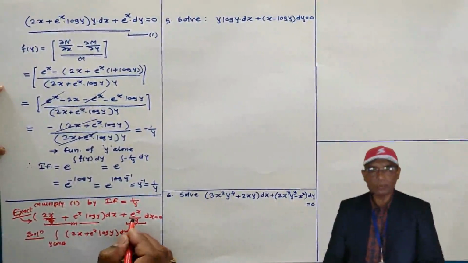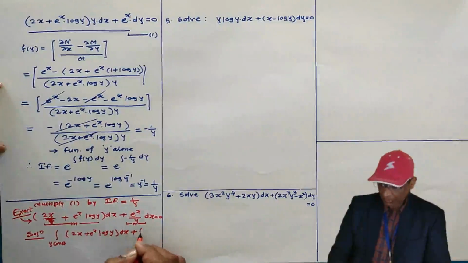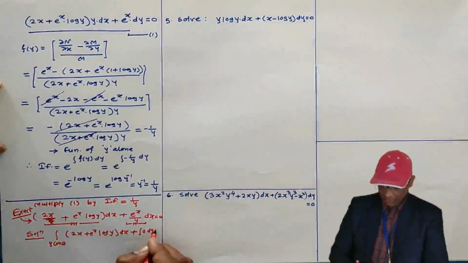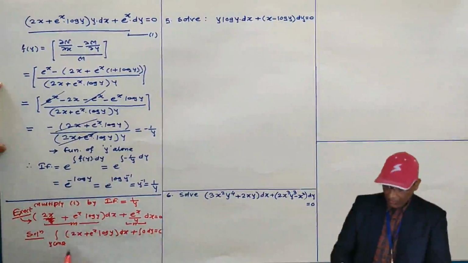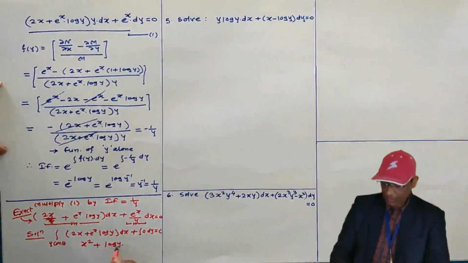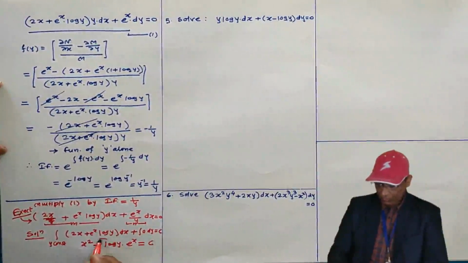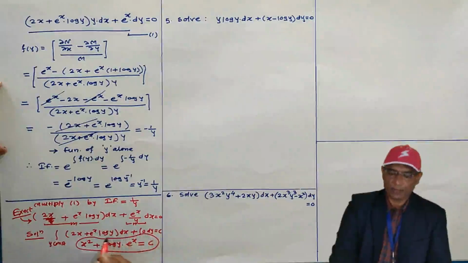N contains a single term and it contains x, so there is zero term in n which is free from x, equal to c. Now integration of 2x with respect to x is x square, keeping y constant. See, log y is constant, and integration of e power x with respect to x is e power x. So this is the solution of this differential equation.